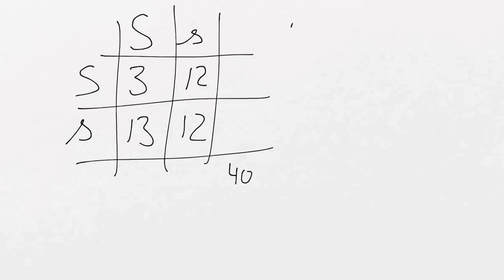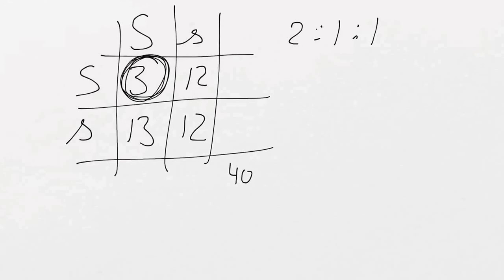So we expect a 2 to 1 to 1 or 1 to 1 ratio. This means we have 1 dominant SS. So 1 SS.